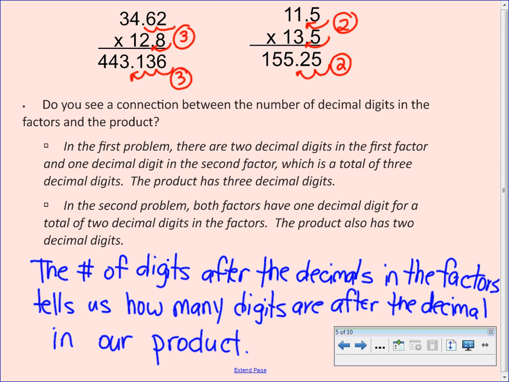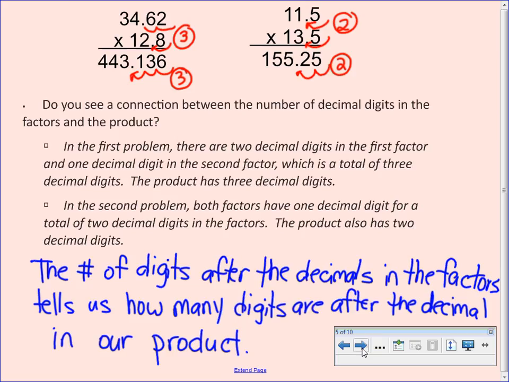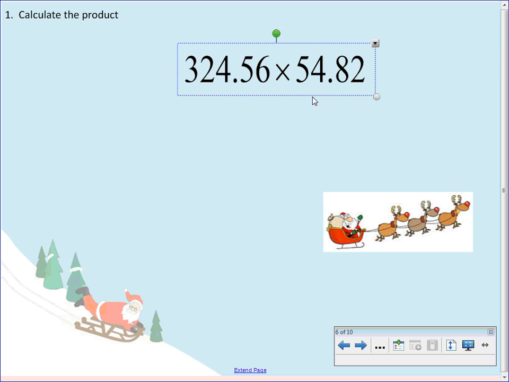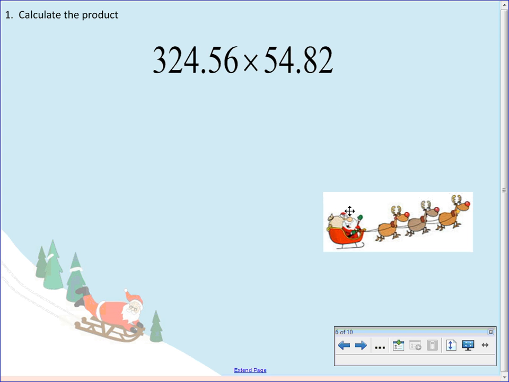Alright, let's go over some of these answers as soon as I find the mouse on the smartboard. There we go. Okay. So 324 and 56 hundredths times 54 and 82 hundredths. You're looking at something larger than 300 times 50. So 300 times 50, that's 15,000.